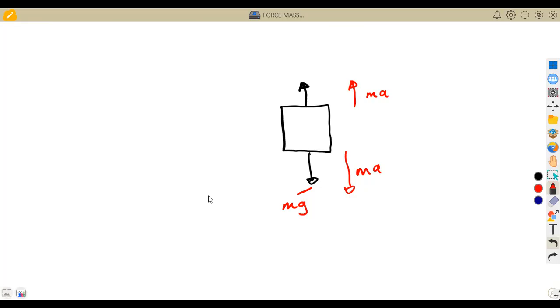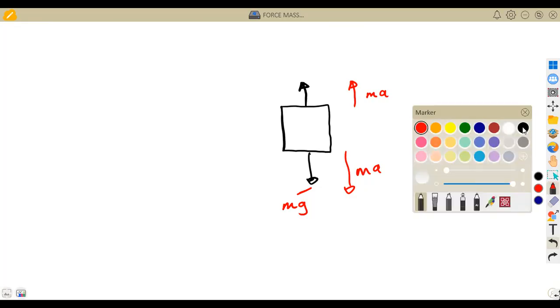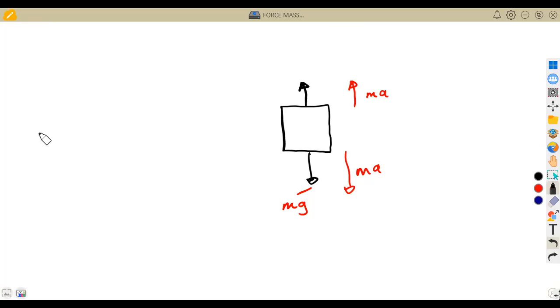So we are going to see that it's either the equivalent going up or the equivalent going down. Our equivalent force going up, we can simply have as F up. It is going to be the product of mg plus ma added together.